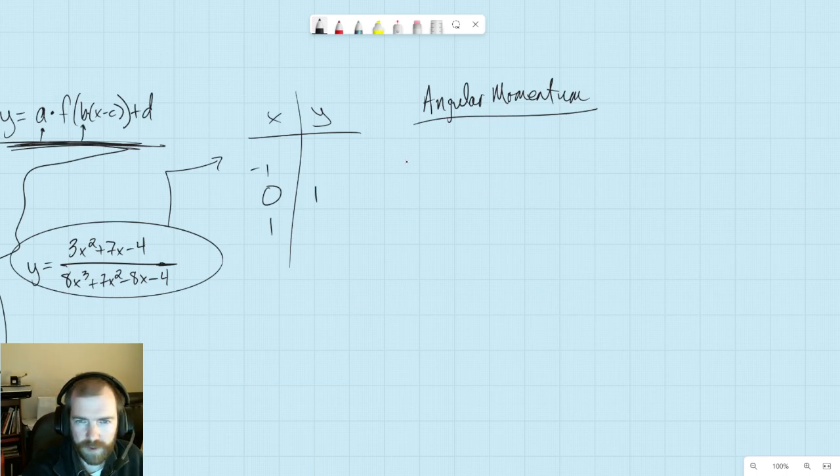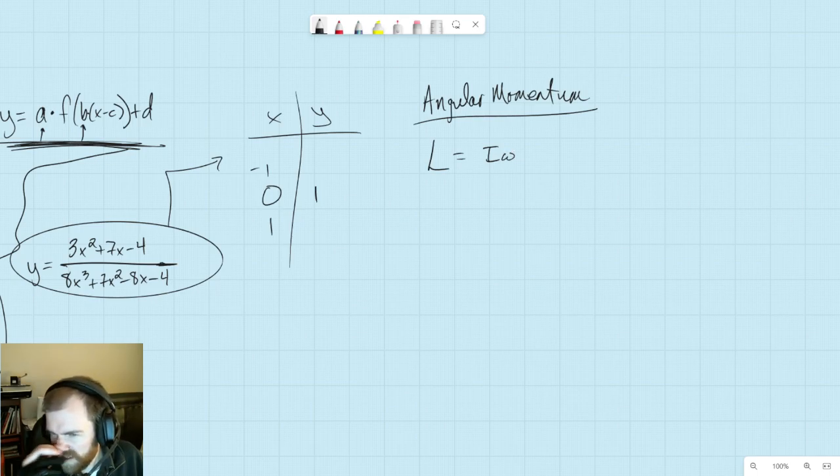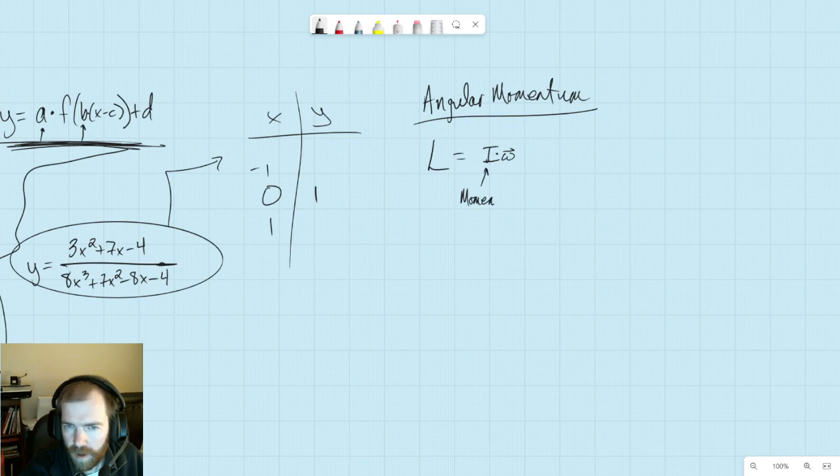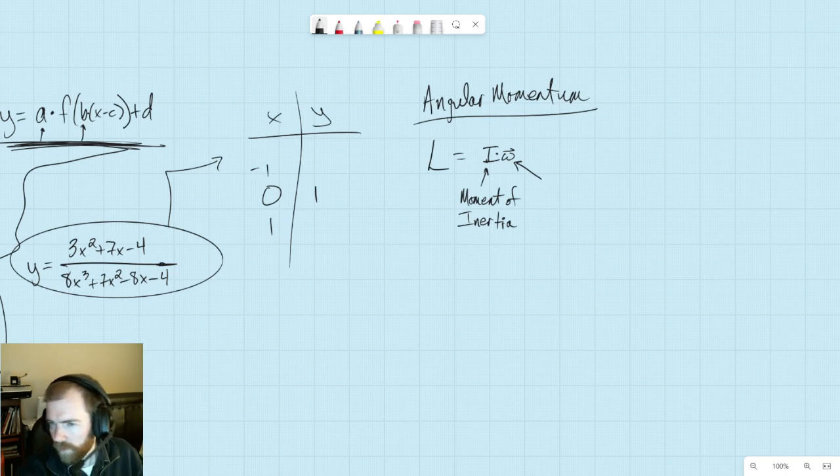So L is equal to the moment of inertia times omega, which looks like a vector.